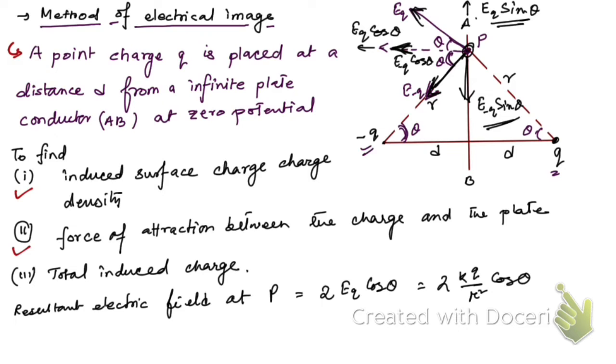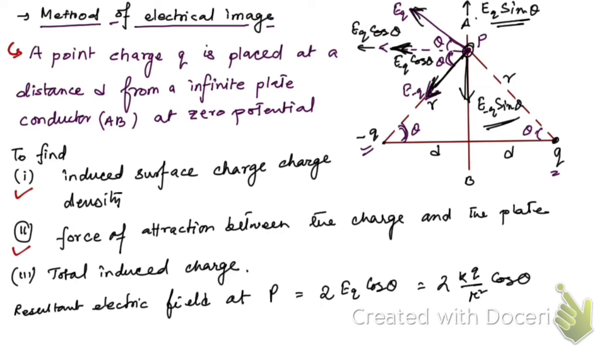Right? Now you see, from this triangle, what you can write is cos theta equal to d by r. So you can replace this cos theta with d by r.